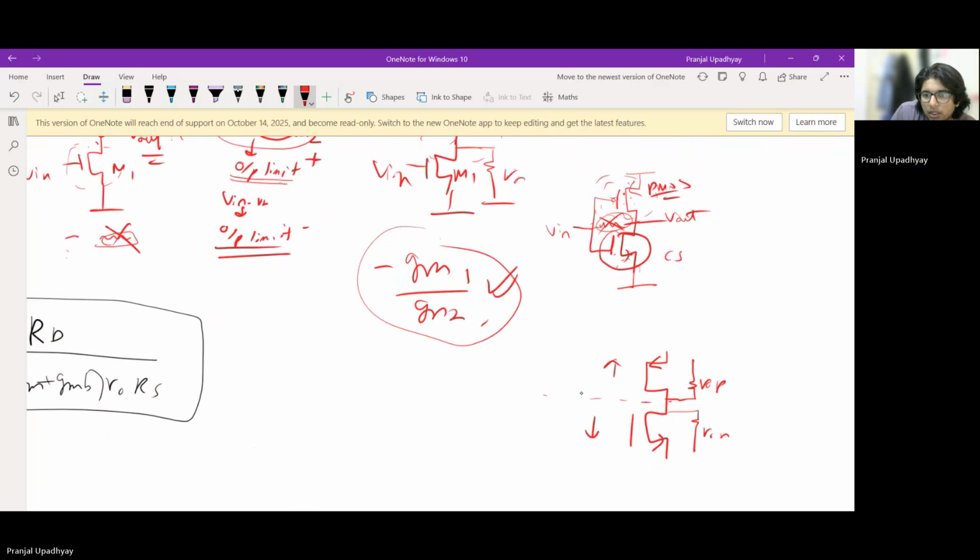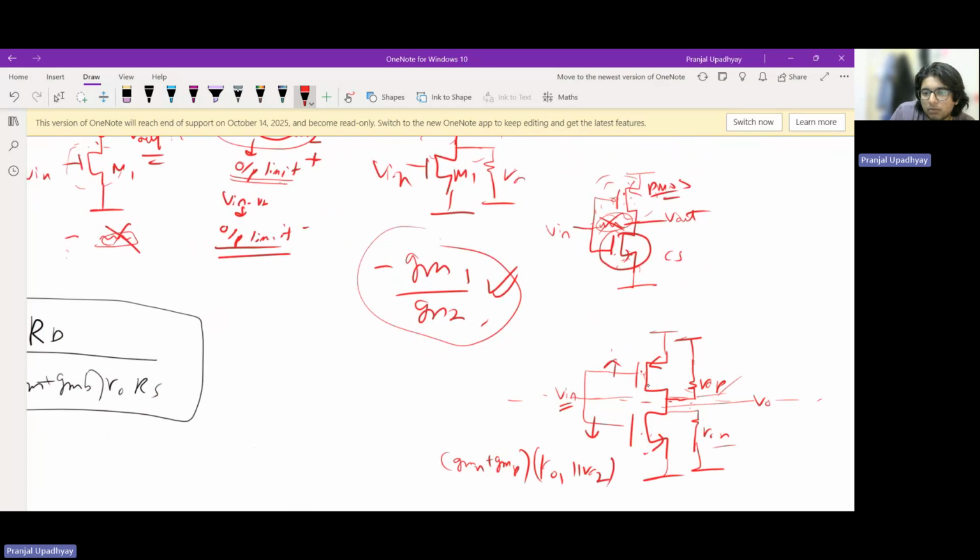Here is your input, and the output is over here. In small signal, this guy will get grounded, this guy will get grounded, this guy is also getting grounded. So I can fold this guy about this line of symmetry, and the transconductances will add, and the impedances will get in parallel. So the expression for gain becomes GMN plus GMP multiplied by R naught 1 parallel R naught 2.